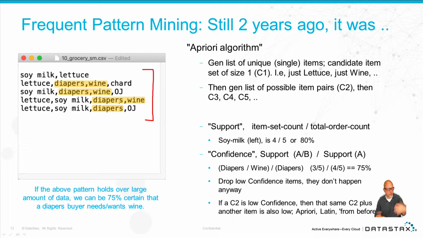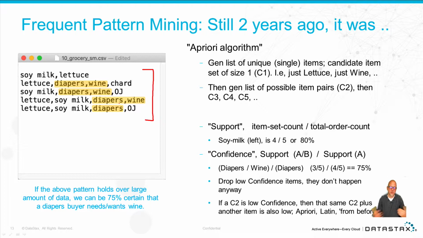From this data, we only have 5 rows, right? So let's not get too excited. But if this diapers wine pattern maintains itself over millions and millions of rows, it happens 75% of the time. That's off the chart. Apparently, we have the diapers and wine store. Then if somebody picks up just diapers, should I suggest wine or wine?